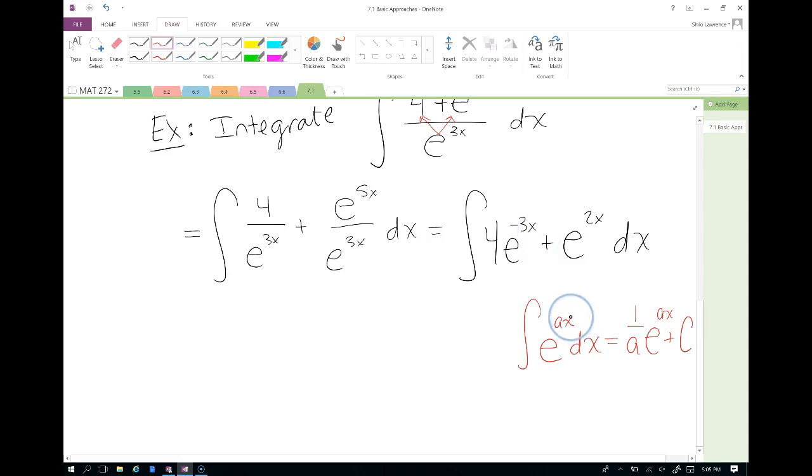So when I say linear, I mean we've got just some coefficient times x. So for both of these, in order to integrate, I just have to pull out the derivative of my exponent into a fraction in the front. So we're going to get negative 4/3 e to the negative 3x plus 1/2 e to the 2x plus c.